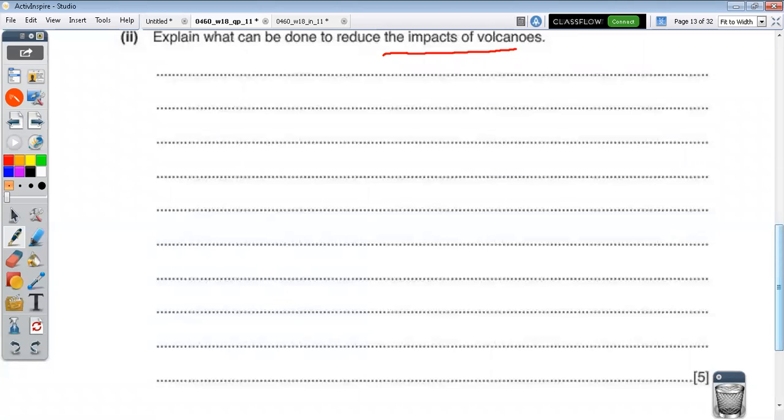So we do emergency drills for both earthquakes and volcanoes. Is that clear? Everyone? Yes, sir. We can restrict tourist access to volcanoes. Then we can also wear masks because of the ash clouds. Wear masks.